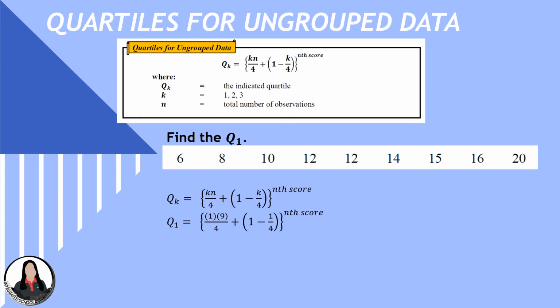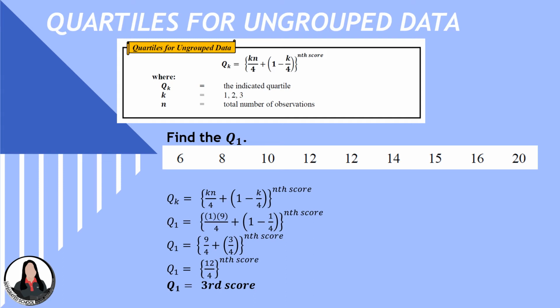That's why n is 9. Okay? So 1 times 9, that is 9 all over 4 plus 1 minus 1/4, that is 3/4. And then when we add our similar fractions, 9 over 4 plus 3 over 4, we will come up with 12 over 4 square. Hence, Q sub 1 is the third score in our distribution.